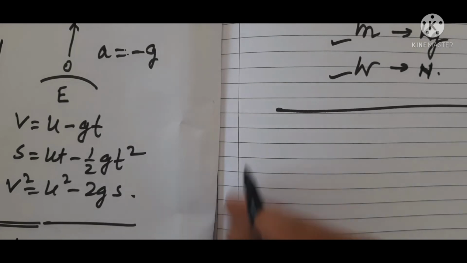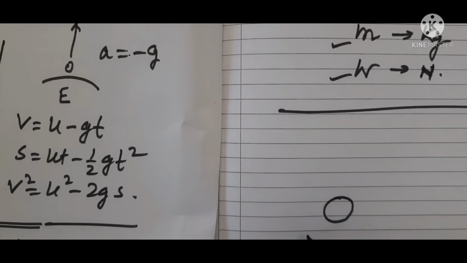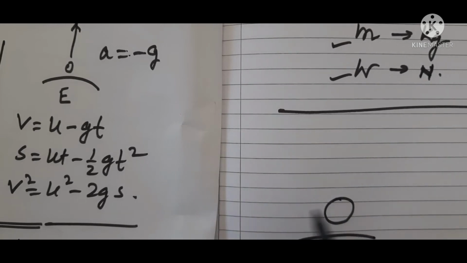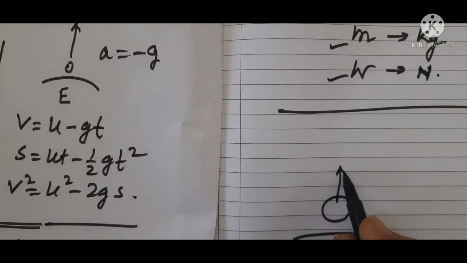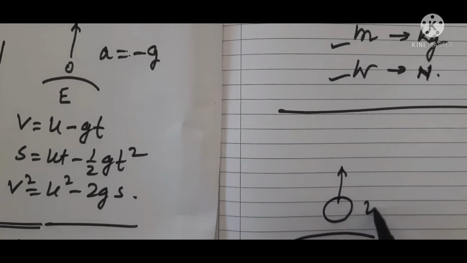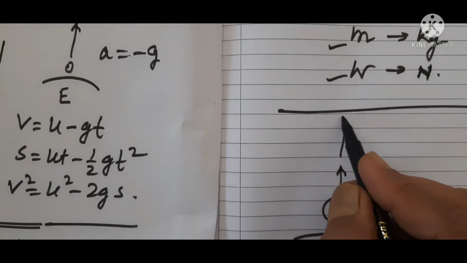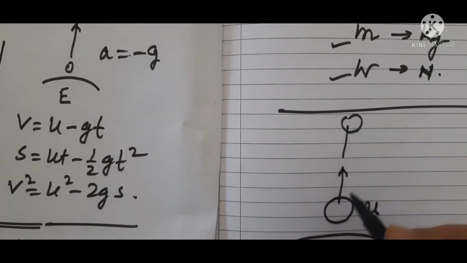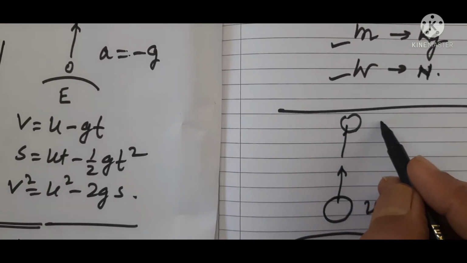Before coming to the examples, one more point you should remember. If the object is thrown, these are the techniques to solve the numericals. If the object is thrown upward with a velocity u and it reaches the highest point, then what happens at the highest point?